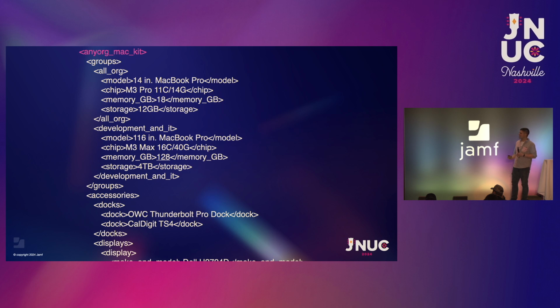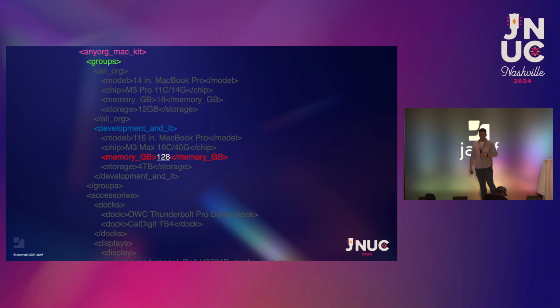So that's a first step. I have to go into this org mac kit element to find the data that I'm after. Right? I have to go into groups and find the data that I'm after. I have to go into the development and IT collection, this thing that's wrapping up the data, right? It's another step towards my memory specification, right?